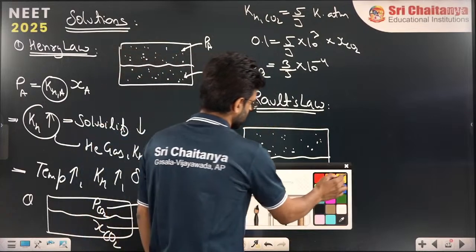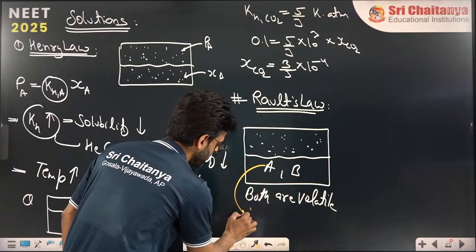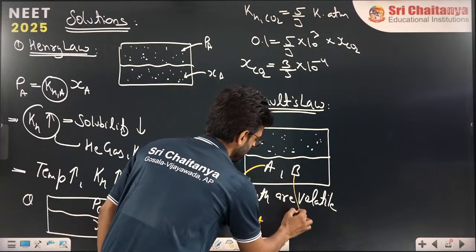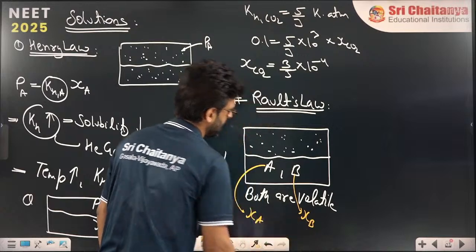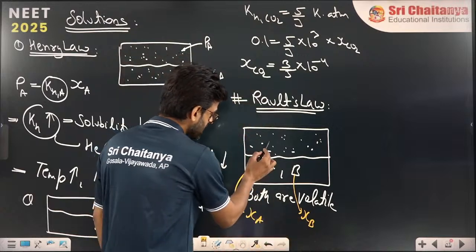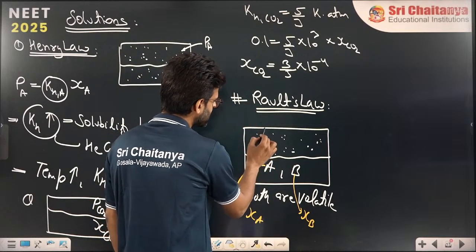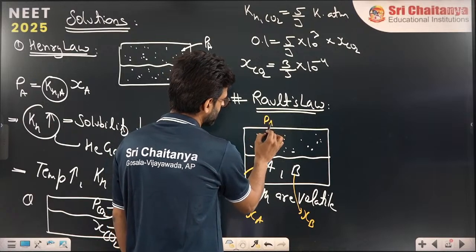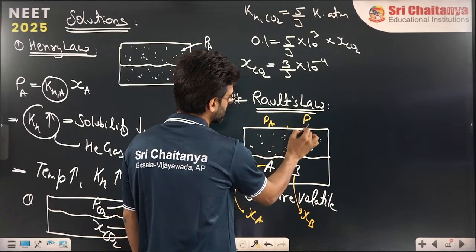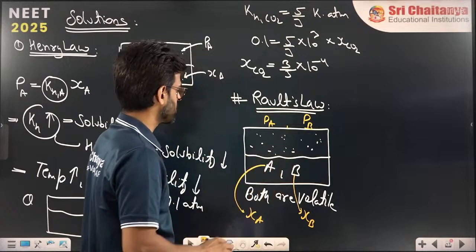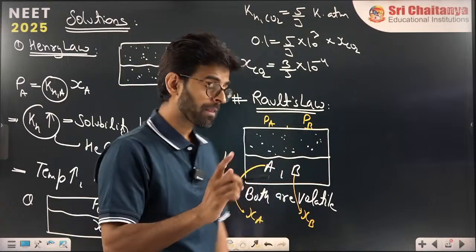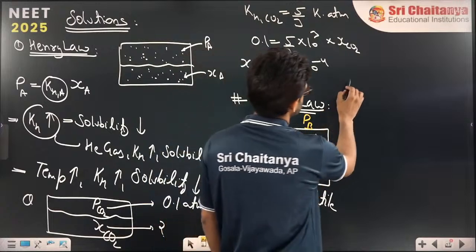The mole fraction of A is XA and the mole fraction of B is XB. Some of the pressure is created by A vapors, and some by B vapors, so it is PA and PB here. How can we find PA?